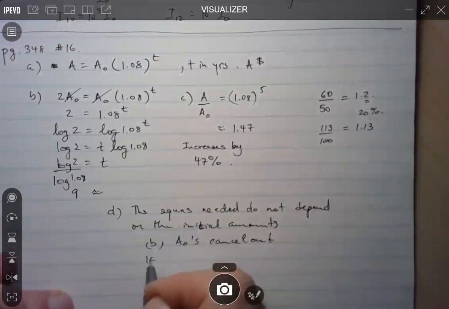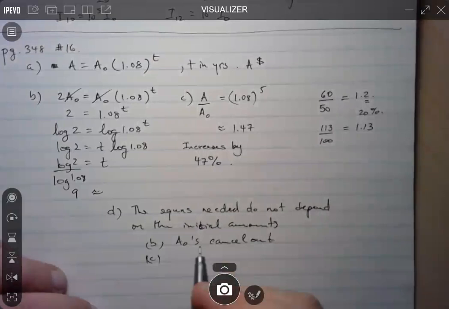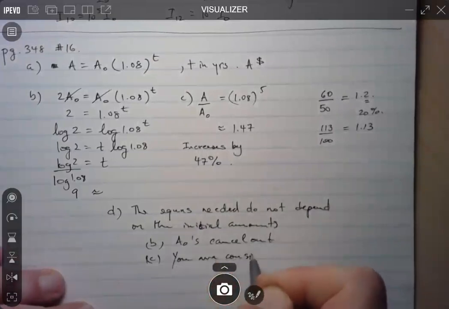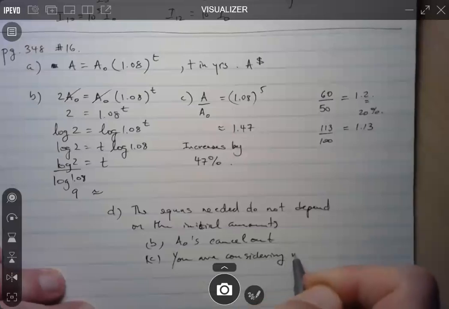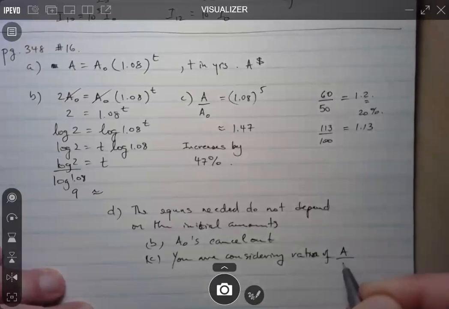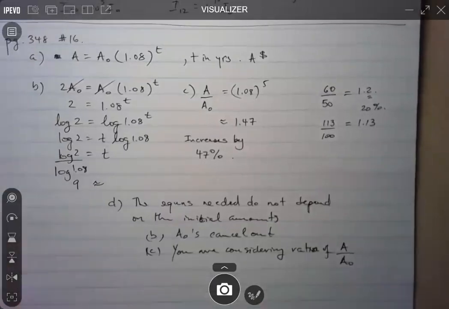And in C, you are considering the ratio of A, the final amount, to the initial amount. Okay, any questions on this?